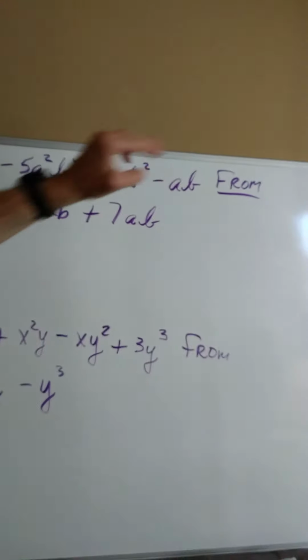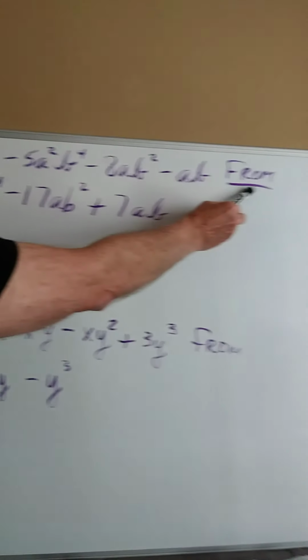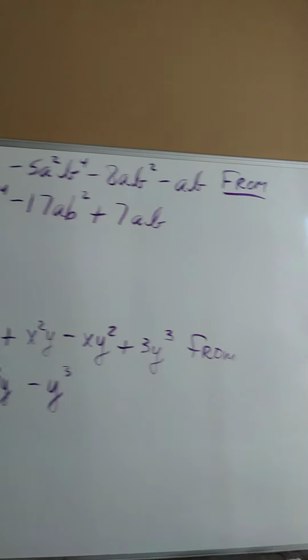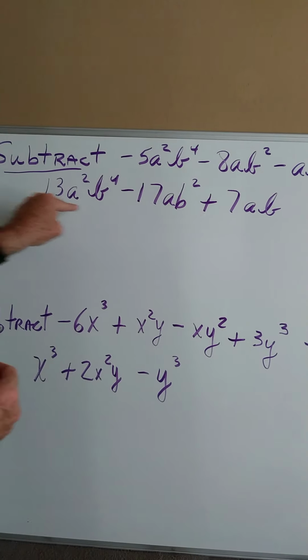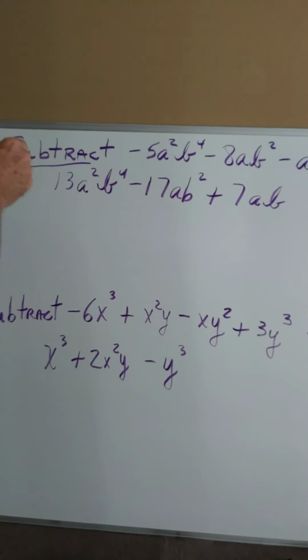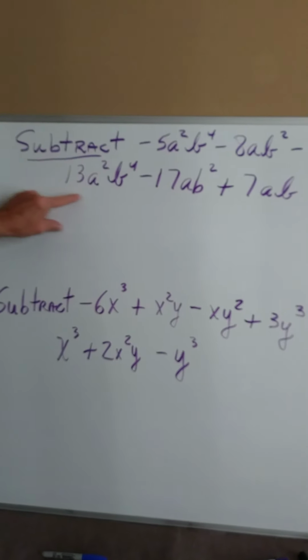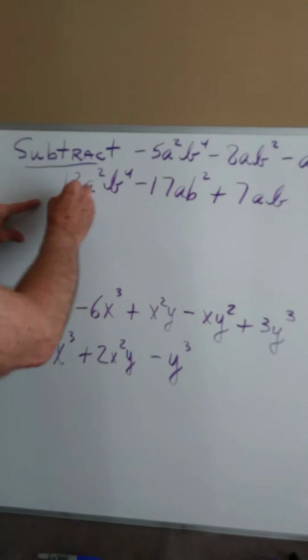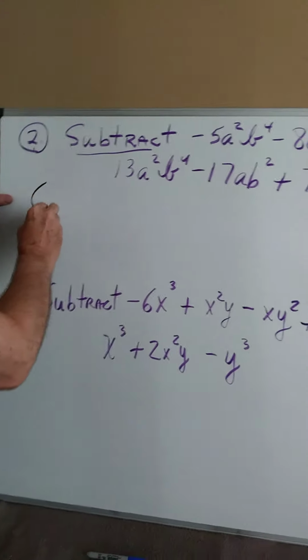Subtract from means whatever polynomial comes after the word from, this trinomial right here, it must be written first. He's first. He's second. So, subtract from. Whatever comes after from is translated first. So we're going to write this and we're going to put it in a house. He's going to come first.